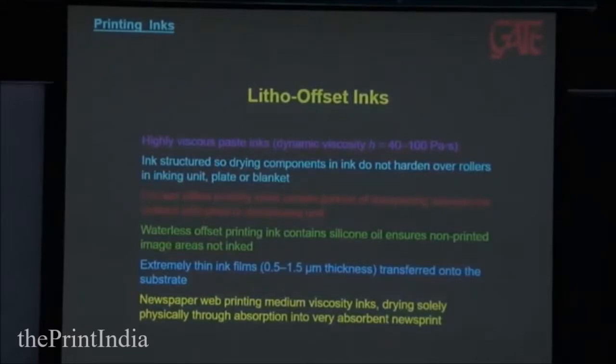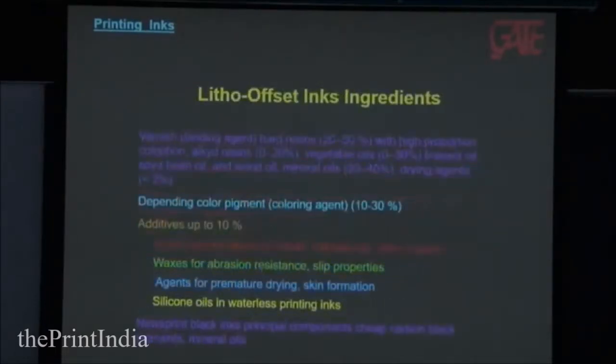Extremely thin ink films are transferred onto the substrate. Okay. Newspaper, web printing, medium viscosity, drying slowly, physically through absorption. So each process has its own speciality for ink drying, for ink transfer. So litho offset, its ingredients now.